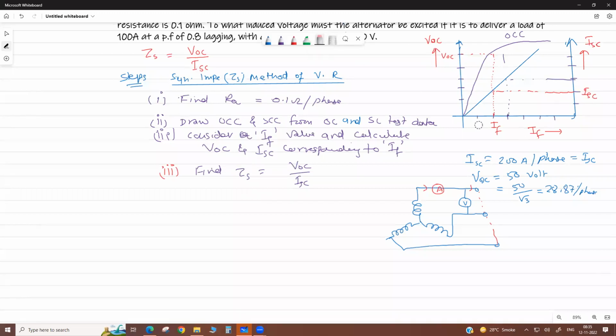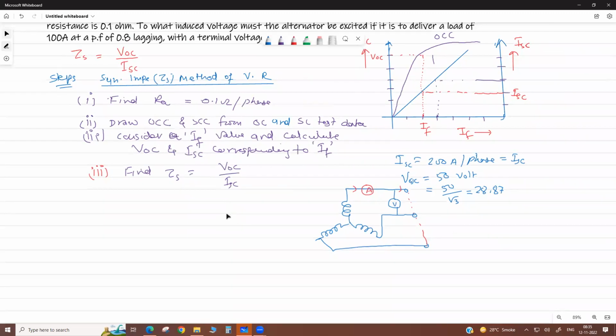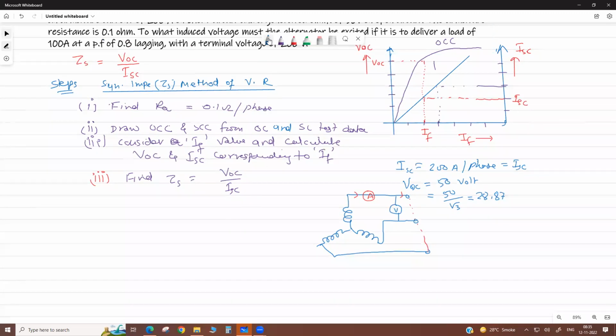We get this much volts per phase. Now phase values, so here we take phase values. I am doing the calculation also, okay?